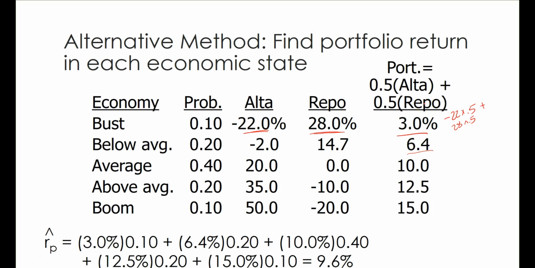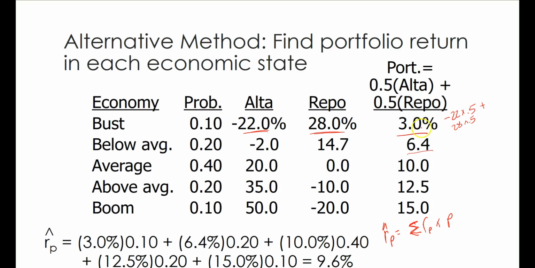So we could calculate the returns for each state of the economy, and then we would calculate the expected return of the portfolio the same way we did before. The expected return of the portfolio is equal to the summation of the portfolio return in each state of the economy multiplied by the probability of occurrence.